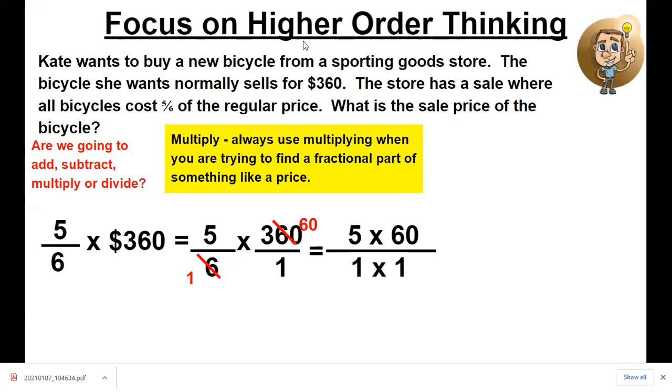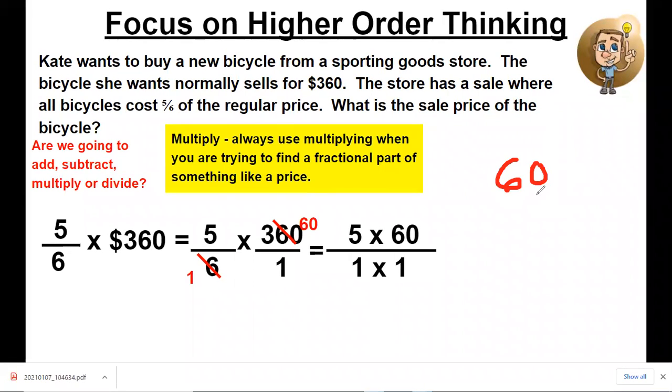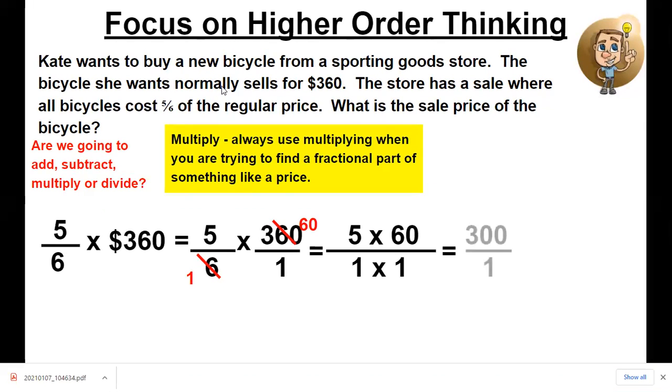Well, if I don't know what 5 times 60 is, I can just multiply on the side of my paper so that I am getting the correct answer. So 5 times 0 is 0, and 5 times 6 is 30. Easy peasy, 300, right? So that'll be my top number. 300, and the bottom is just a 1. So 300 over 1 is equal to 300.